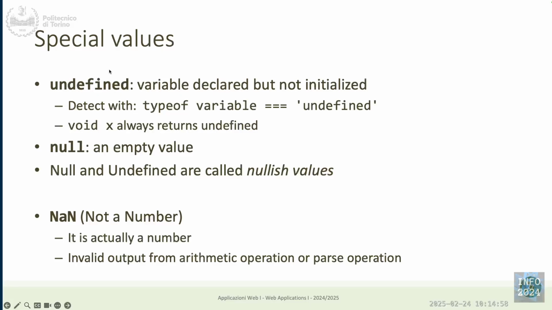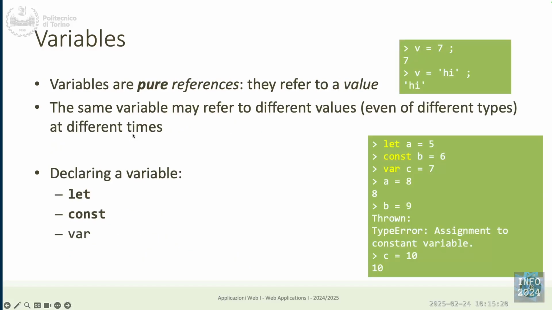And so undefined means some value which is missing. Null and undefined, just a definition, are also called nullish values because they behave like a null. But we'll see them in special cases and how they work.